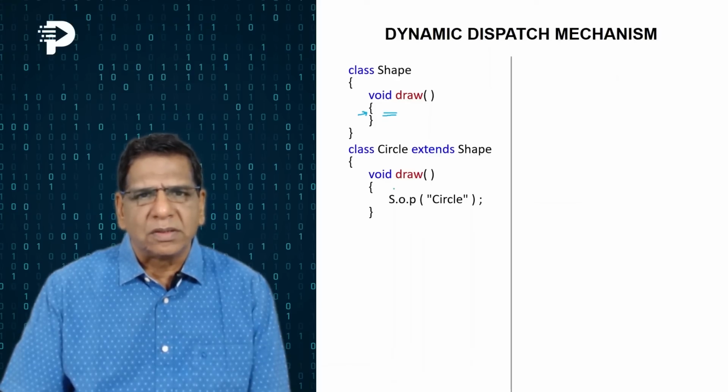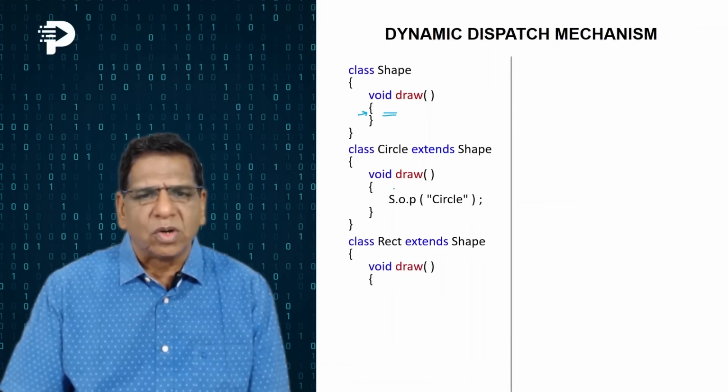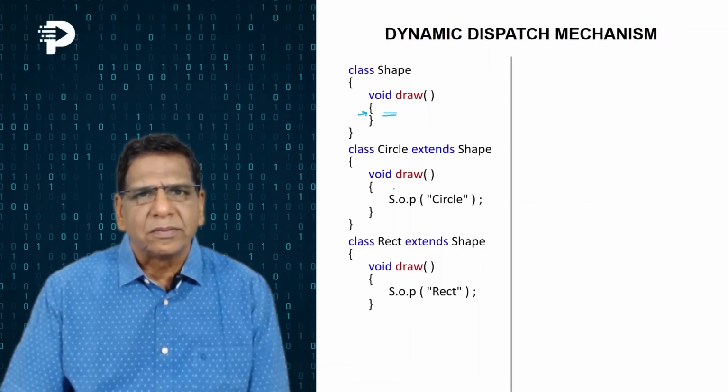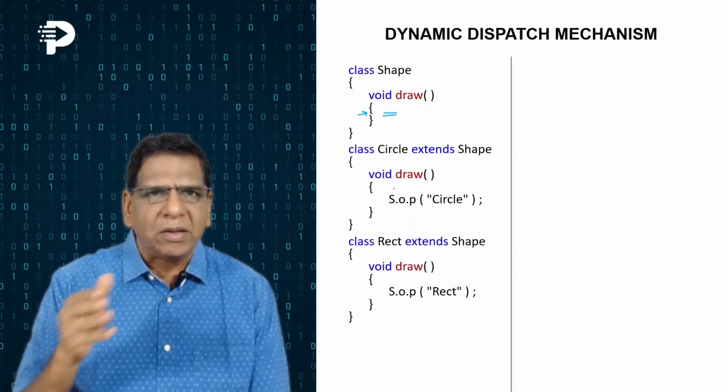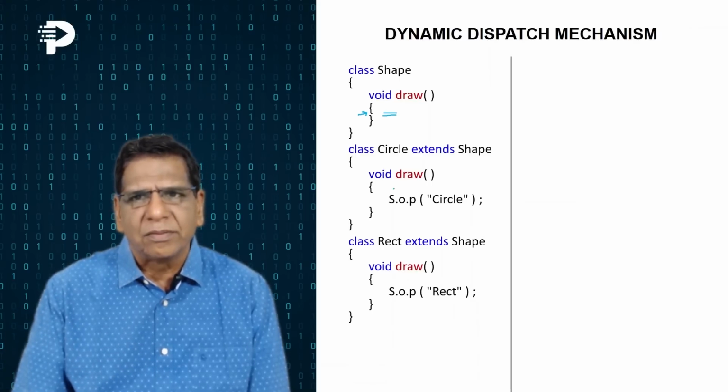Then put the closing brace. Then another inheritance chain that we want to construct is the rectangle class, which we extend from the shape class once again. Inside this also we will have a draw method which prints out a message, system.out.println rectangle. So from shape I inherited circle, from shape I also inherited rectangle.